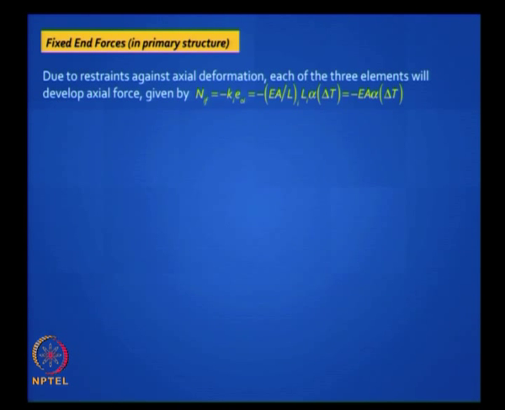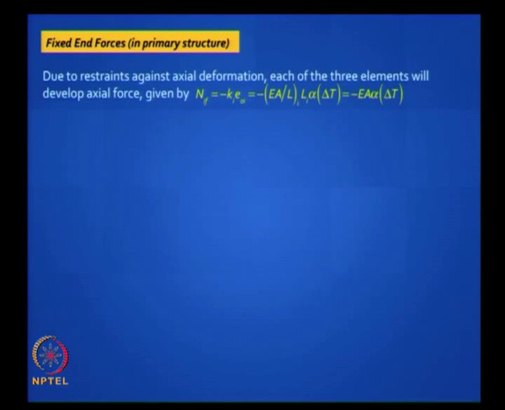So you will be in for a lot of interesting results, so let us look at it slowly. So first, as you rightly said, we will find the fixed end forces in the primary structure, and that is simply the axial stiffness Ki into e naught i, right? We put a minus sign in general because normally you have a rise in temperature and e naught is an extension, right? But in this case e naught will turn negative, so when you substitute the results you should get a tension, right?